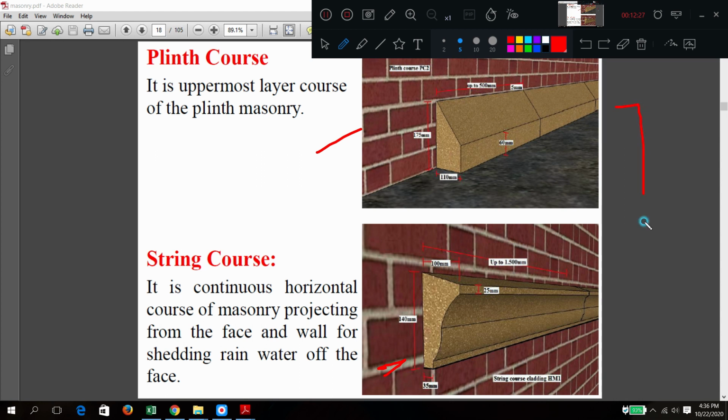Projecting outside means, if this is the cross section of the wall, it is not in line, it is projecting outside, like a canopy or chajja. So, string course, plinth course.